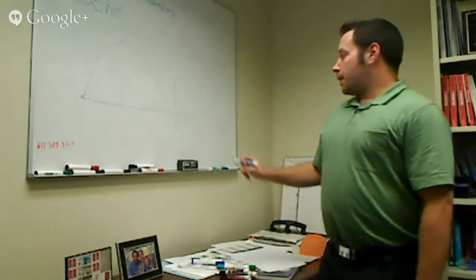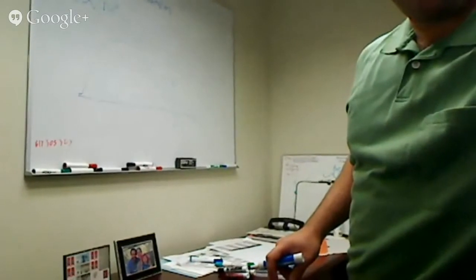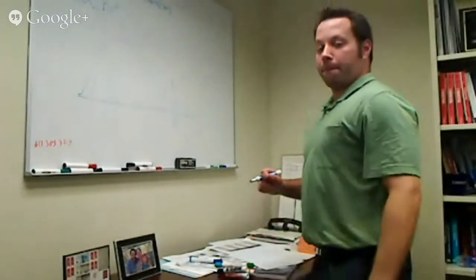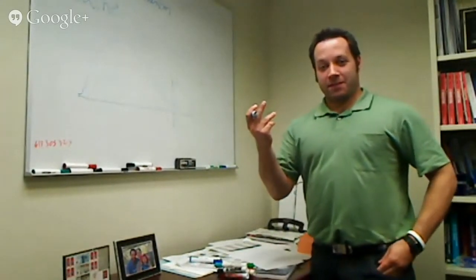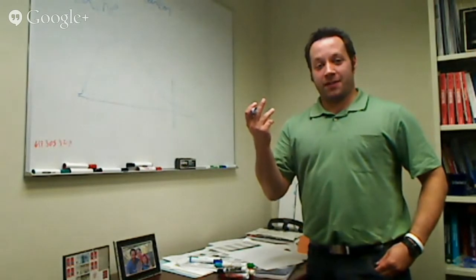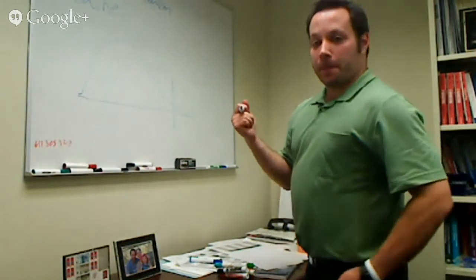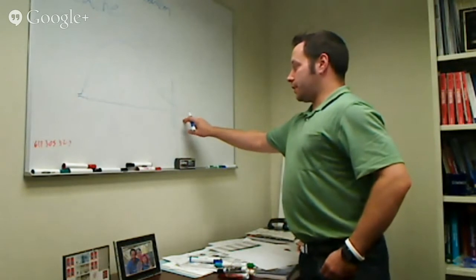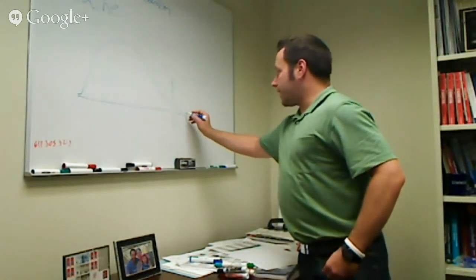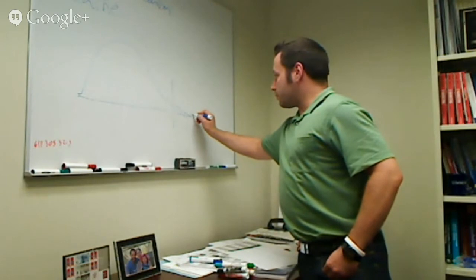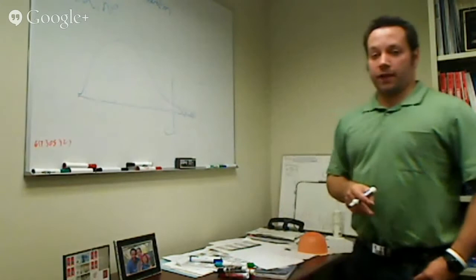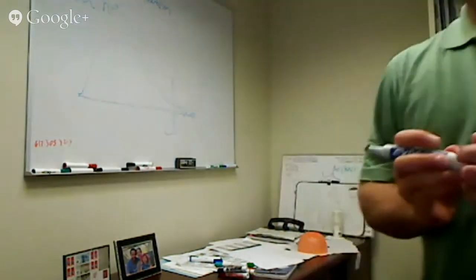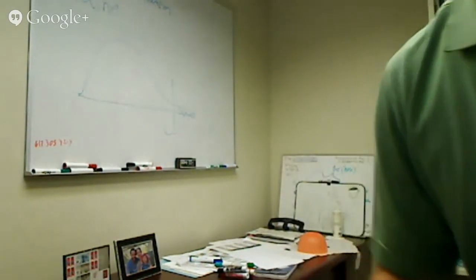I'm not quite sure why this is inverted. Apparently the webcam has decided to invert how I'm appearing. But if we have this critical value here, and we say this is alpha, and alpha equals 0.05, this is CV, the critical value. Let me see if I can move this up a little bit so you can see.